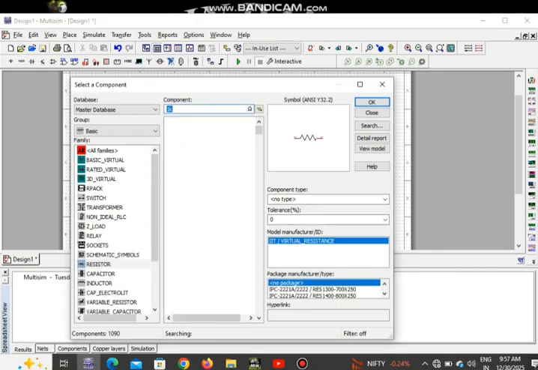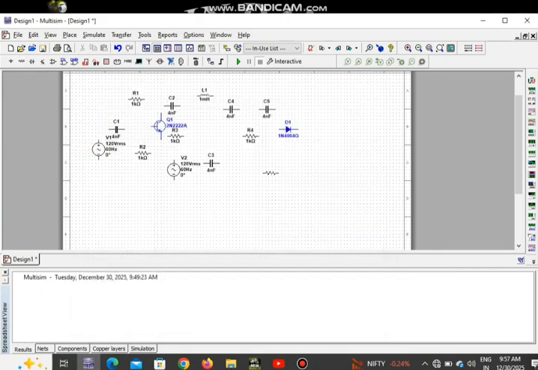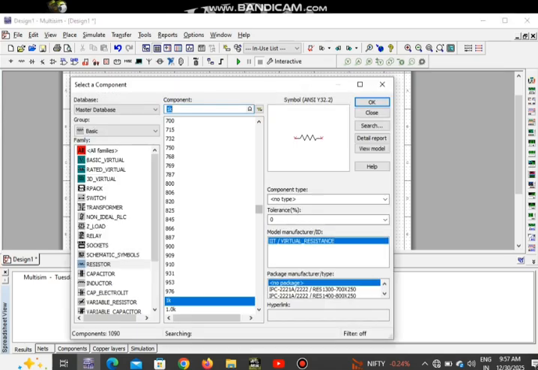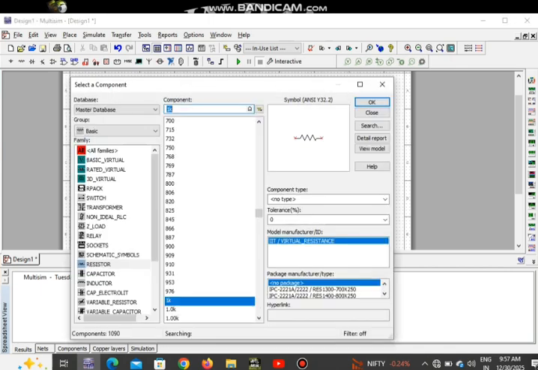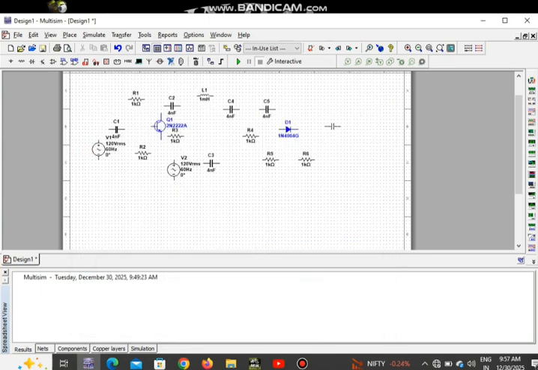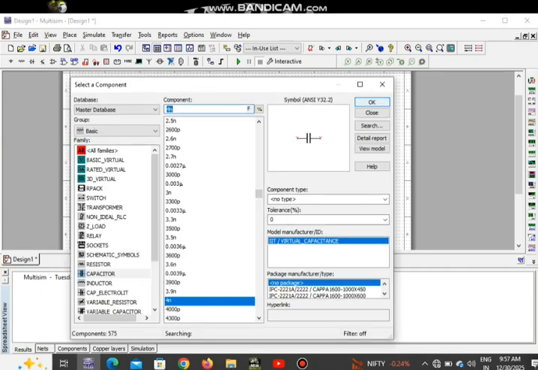Then resistor, and then one resistor, capacitor.